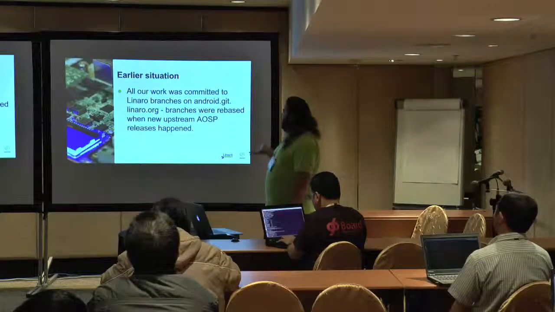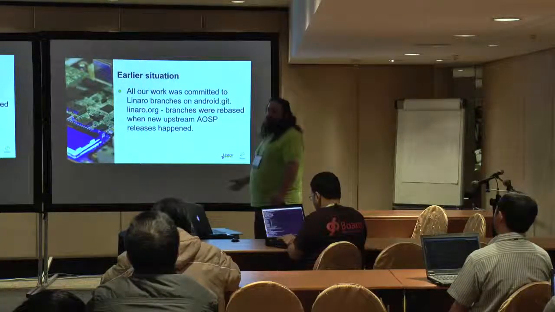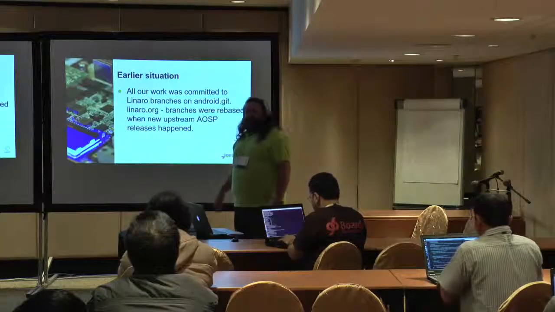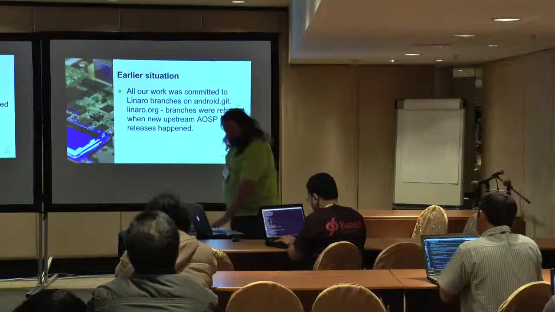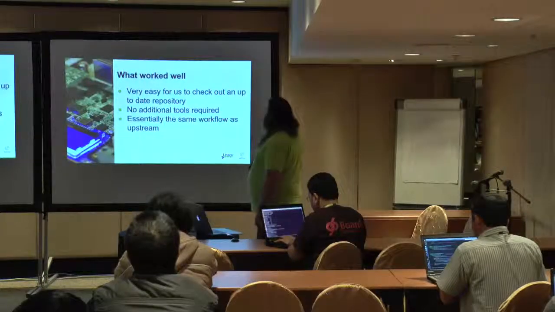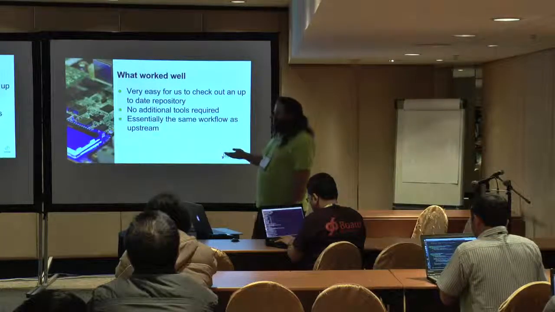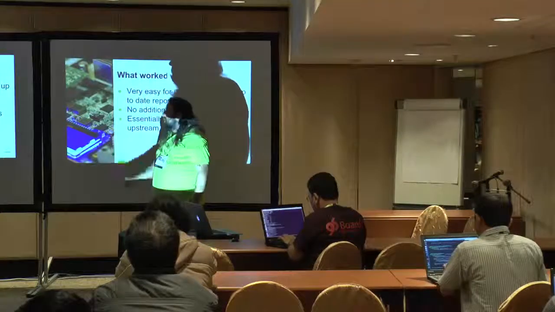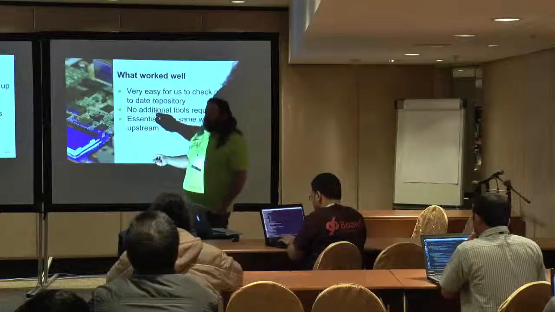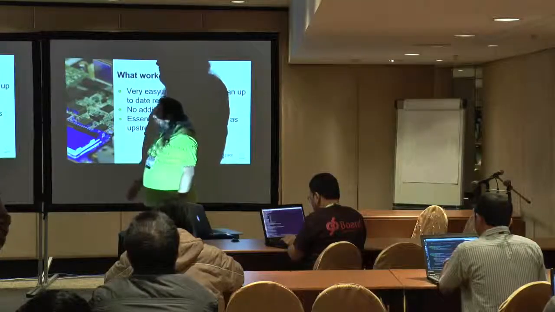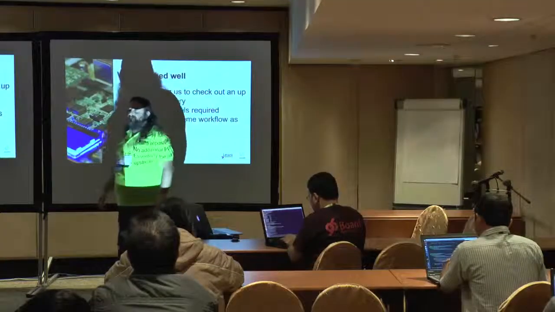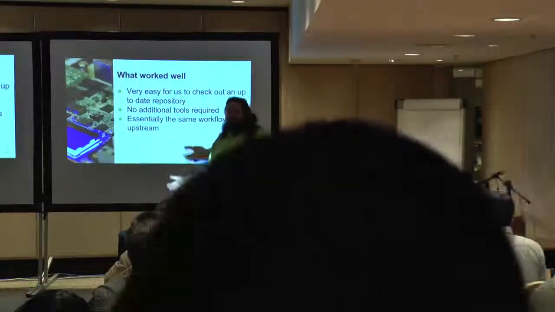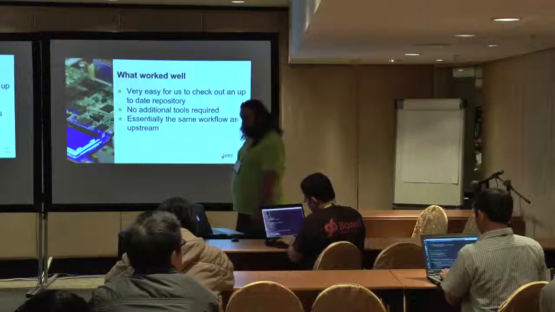All our work is committed to Linaro branches on android.git.linaro.org, and when a new upstream release happens, we rebased it. That worked well in some regards, like it was very easy for us to check out an up-to-date repository, just with repo sync. No additional tools required, and it essentially followed the same workflow that the upstream people are using to maintain their repositories.